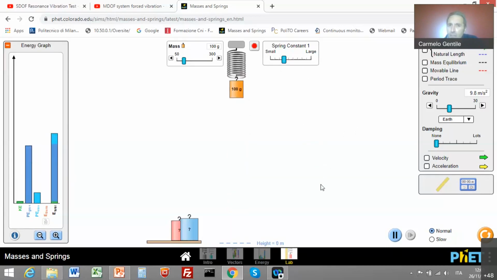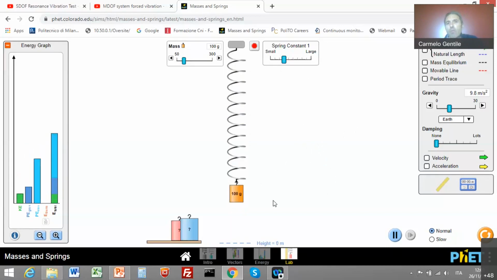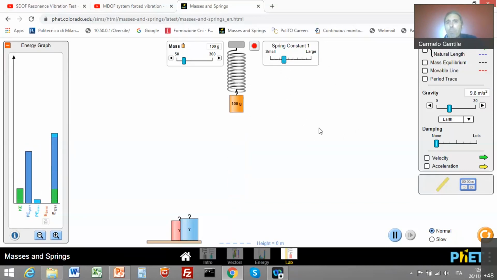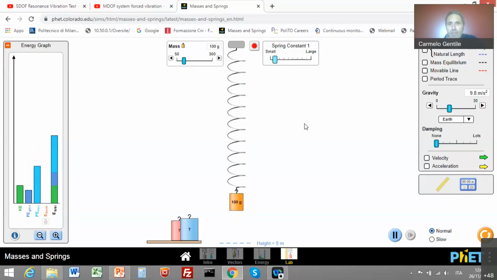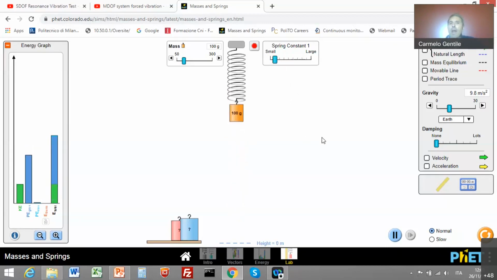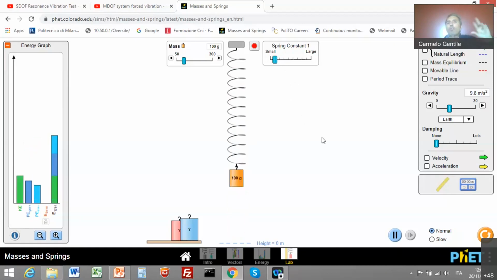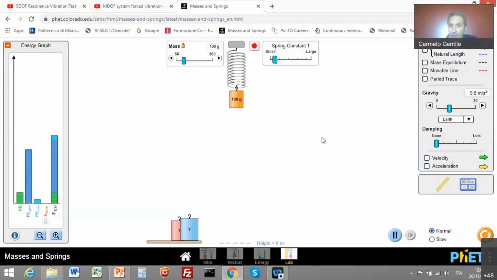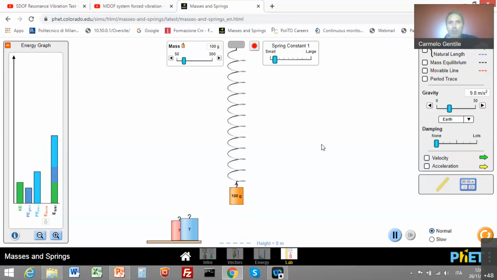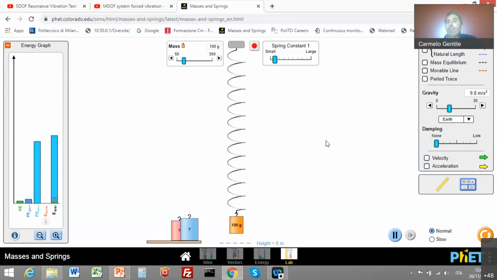What I expect is that the fundamental period will become larger. Let's do this. Now you see that the cycle up and down is slower than before, and so the fundamental period increases, and the natural frequency, which is the opposite of the fundamental period, decreases.